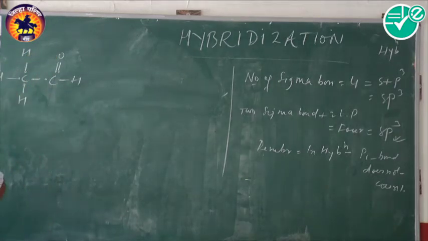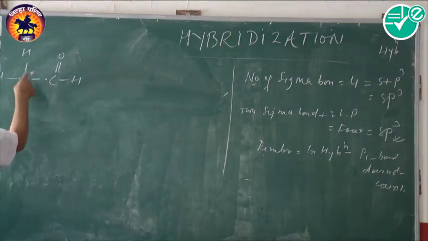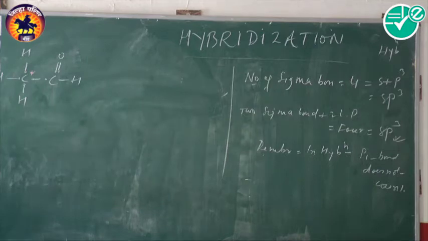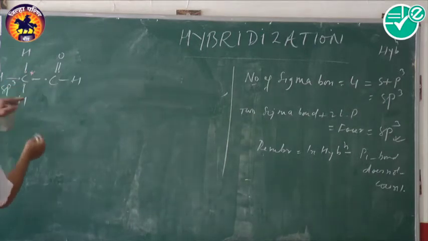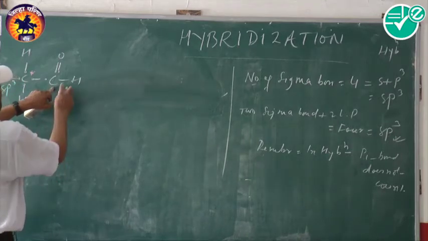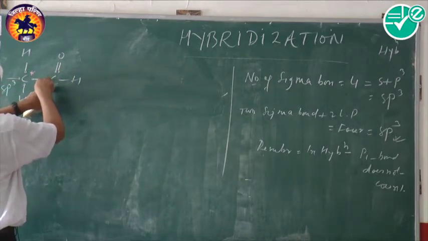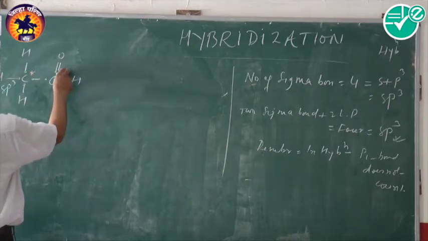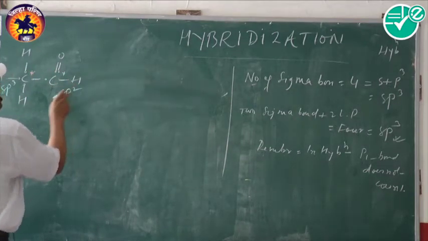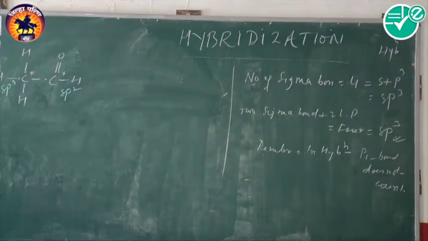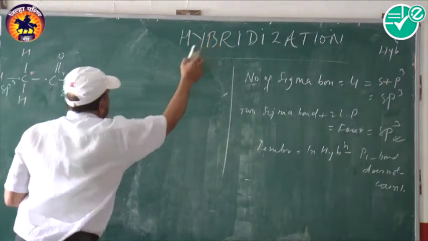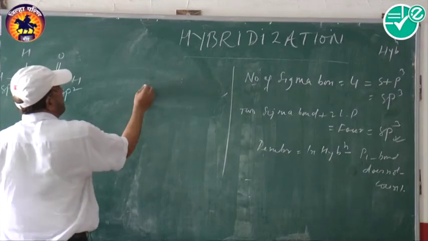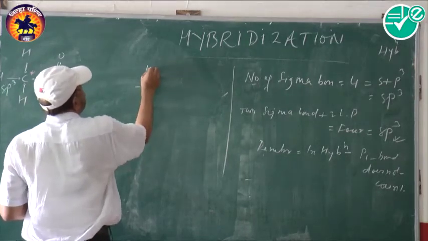This carbon has how many sigma bonds? 4. 1, 2, 3. Hence sp3 hybridization. This carbon has 1, 2, 3 sigma bonds and 1 pi bond. Hence only 3 count. Hence this carbon belongs to sp2. This is the easiest method to determine hybridization. Very easy.